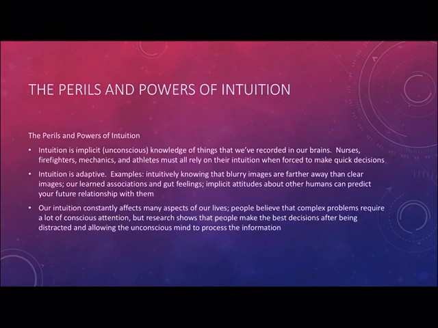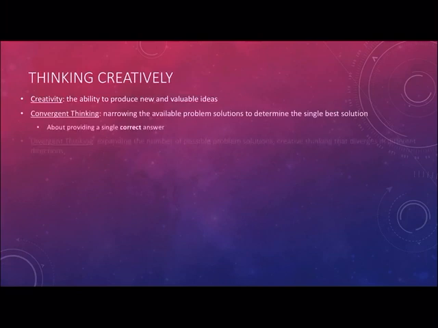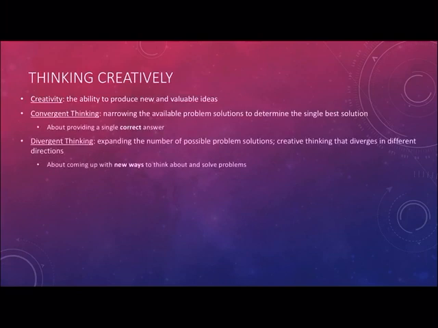All right. So now we're moving into sort of this creative thinking section. So when we're talking about convergent versus divergent thinking, for convergent thinking, we're saying, what is just the best solution, one single correct answer to this problem? If we have all of these options of things that we can do, we need to narrow it down so it converges, right, down to one single correct best answer or best plan.